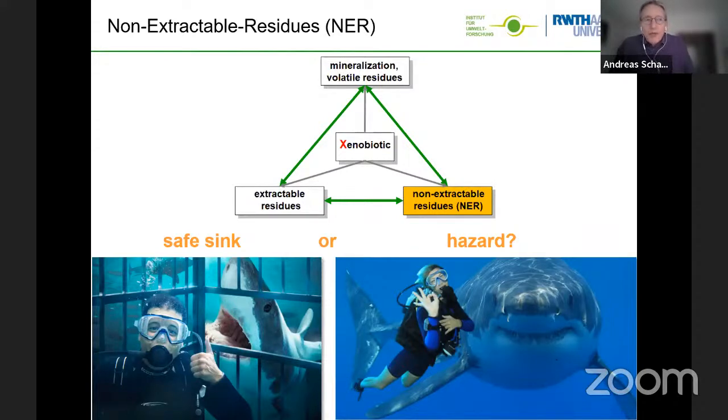So we had a big project two to three years ago on developing a concept for soil monitoring in Germany. And we also estimated the costs related to such monitoring studies in soil.